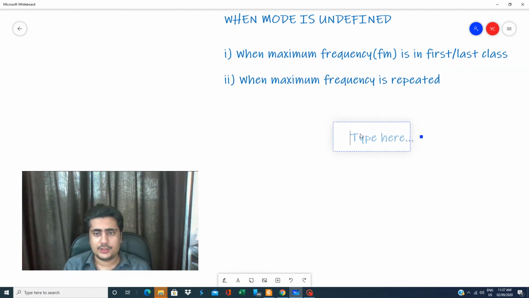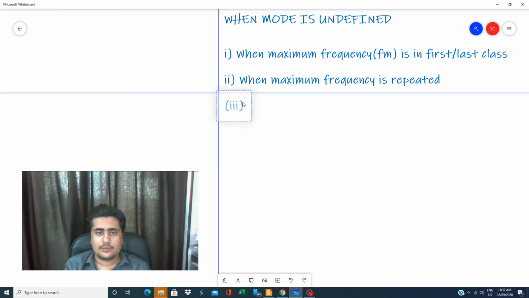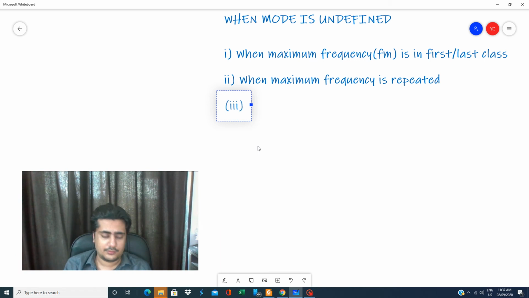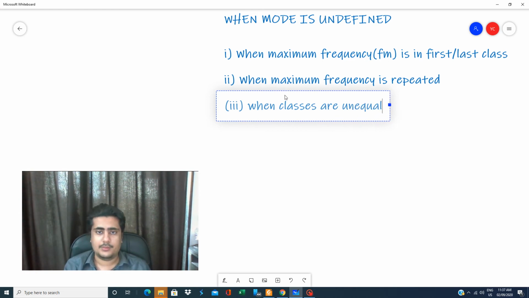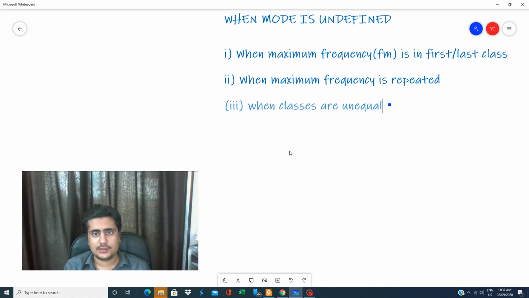And one more condition is there: when classes are unequal. Okay, when maximum frequency is in first or last class, when maximum frequency is repeated, and when classes are unequal. So these are the three cases when mode is undefined.